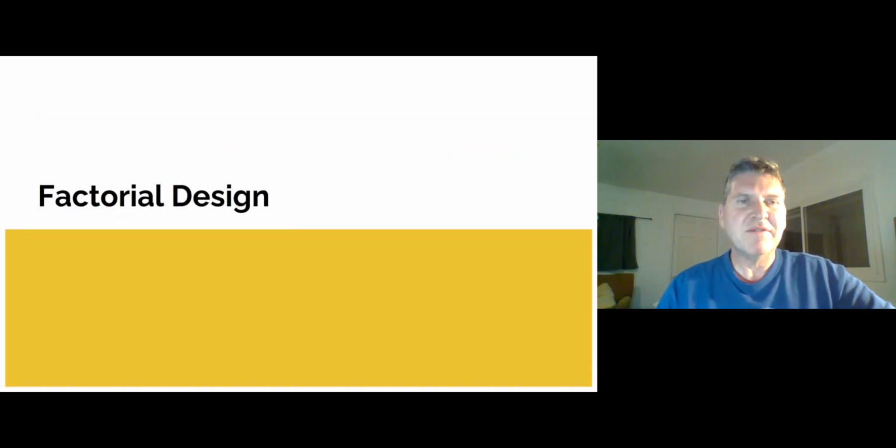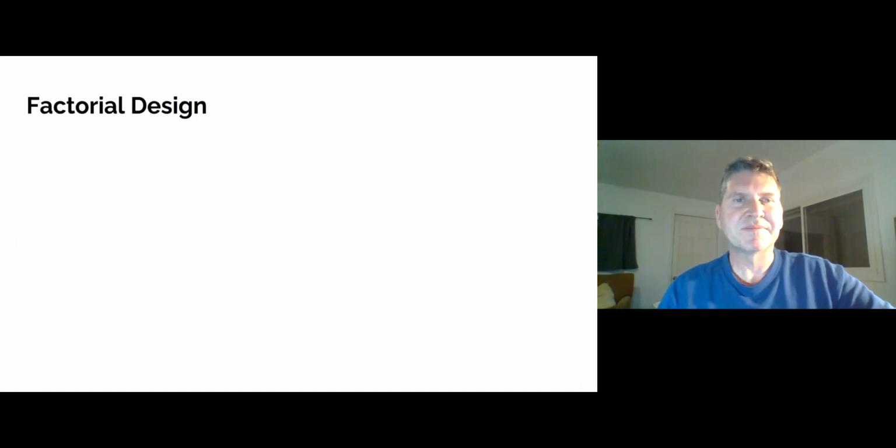Now we talk more about factorial design. Remember, we had a basic design when we had one single independent variable that we were looking at. Now we're looking at multiple independent variables, and we talk about how we design our studies.